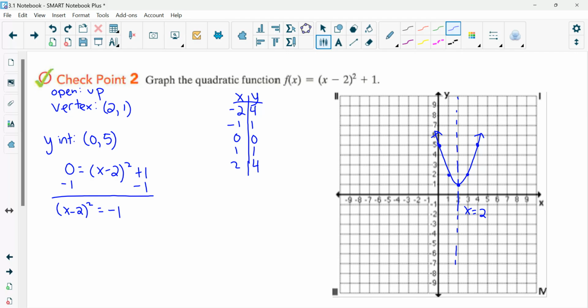Again, I'd want to try and undo that square with a square root. So what happens when I try to square root the negative 1? Remember, there's no real numbers. This is where we did imaginary numbers in the second quarter. So there's no real roots in this case. That's why it's not crossing the x-axis, or no real x-intercepts, we can say.